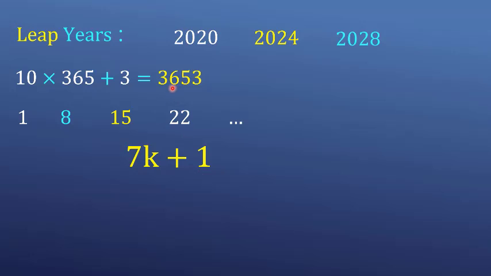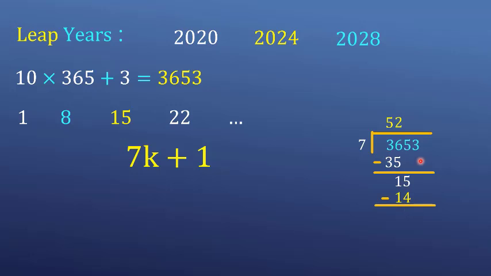So let's divide 3653 by 7. 5 times 7, 35. If we subtract, 6 minus 5, 1, 0, and we bring down 5 here. So 15. What times 7? 2 times 7 is 14. And if we subtract, 1, we bring down 3. So 13. Now 1 times 7 is 7.